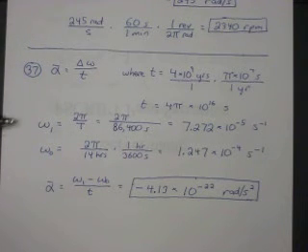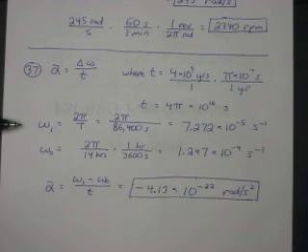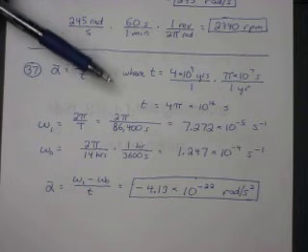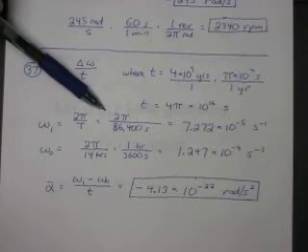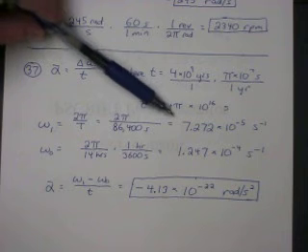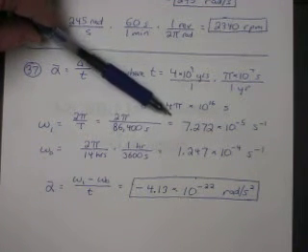Now we need the different omegas. So omega 1, remember that omega is 2 pi over period. So omega 1 is the angular velocity that the Earth has now, 2 pi over a day, and a day is 86,400 seconds. And so we get omega 1 of 7.272 times 10 to the negative 5 radians per second.